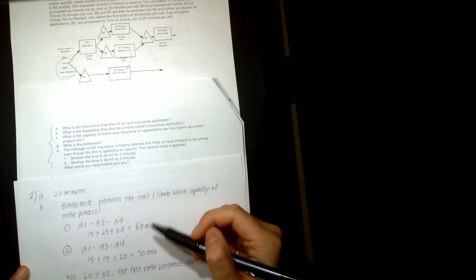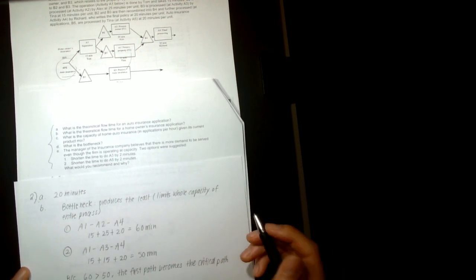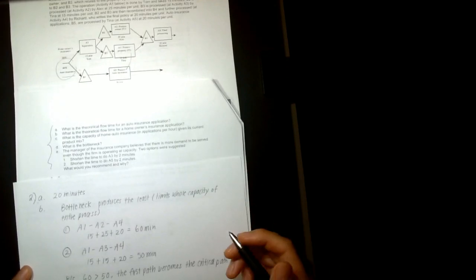So when this one finishes, we still have to wait for this path to be completed before we can go to the next step. So because 60 is bigger than 50, the theoretical flow time of the homeowner's insurance applications is 60 minutes. So this one is the critical path.